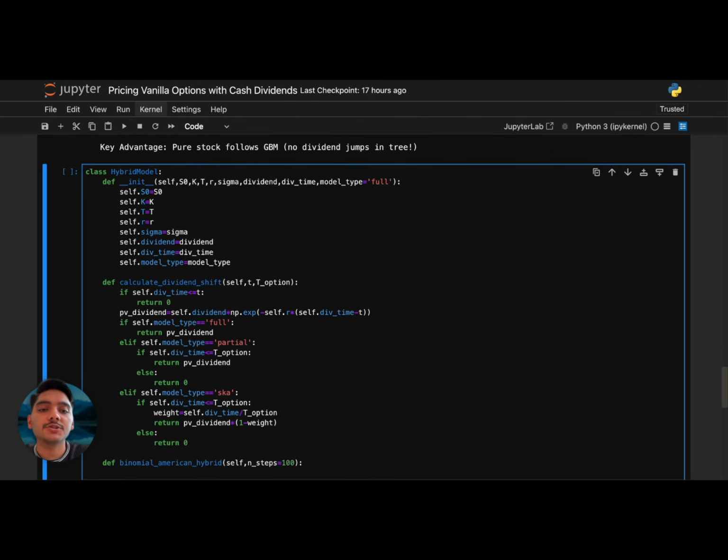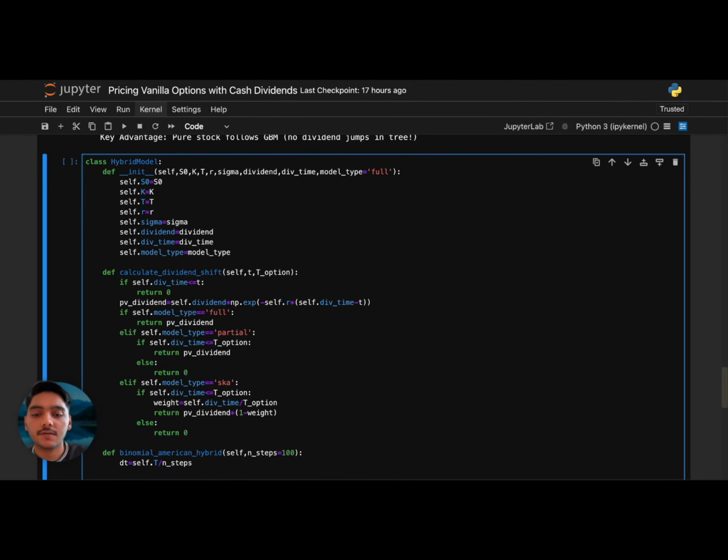And the American option pricing with hybrid approach. So we write dt is equal to self.T upon n_steps. The u will be equal to np.exp(self.sigma into np.sqrt(dt)).